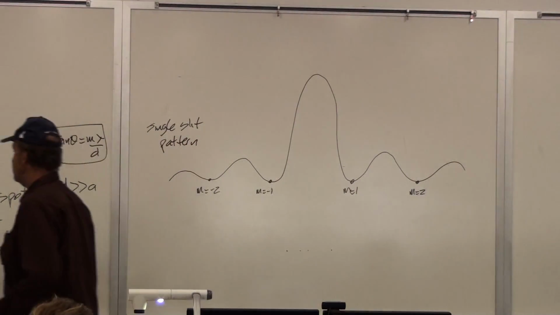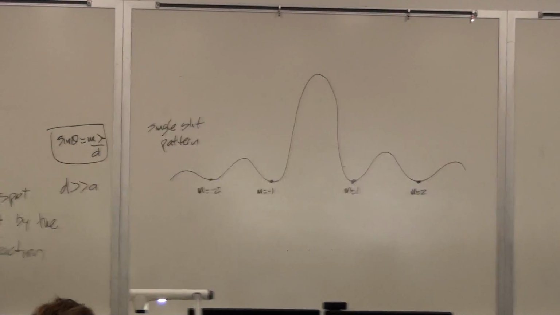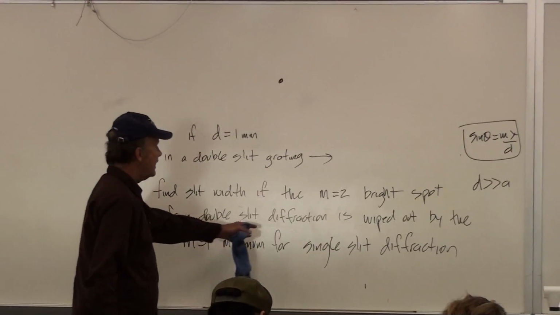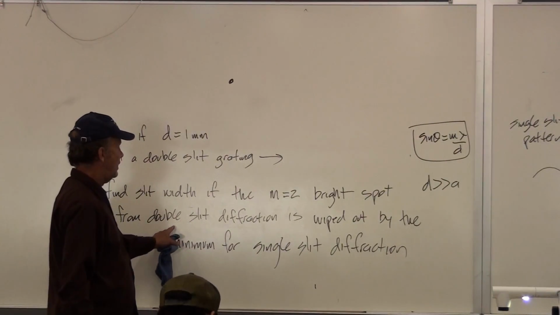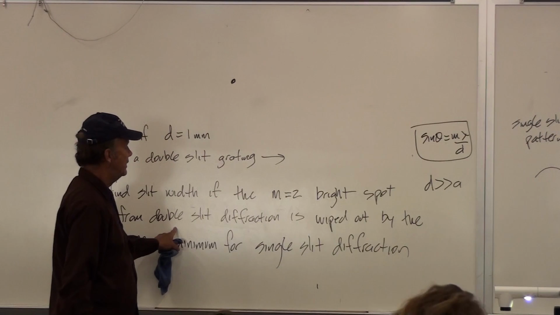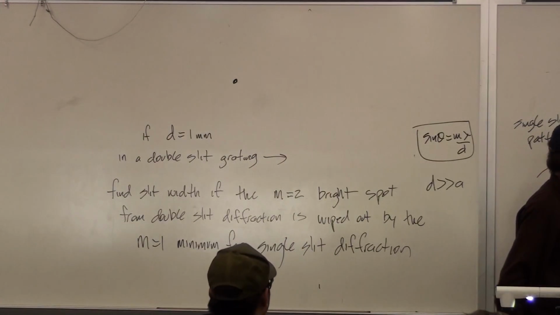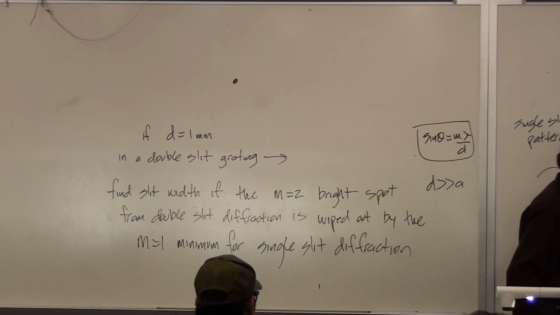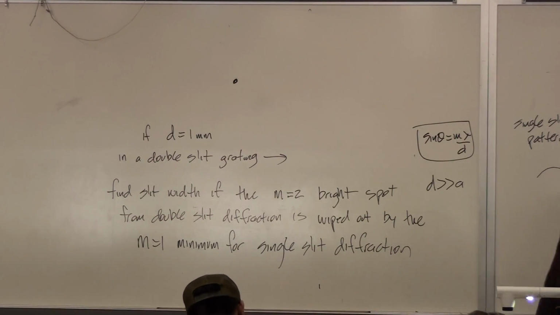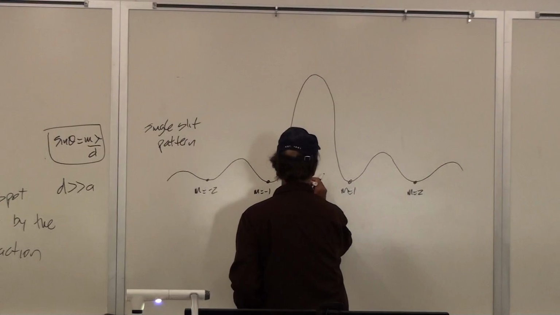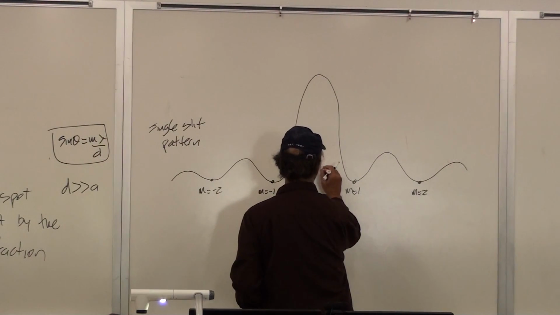Now our condition here is that we want the double slit second order bright spot to be annihilated by the m equals 1 dark spot. Okay, so I'm going to have to try to fit this in then. Here's my double slit. This is going to be m equals 0.